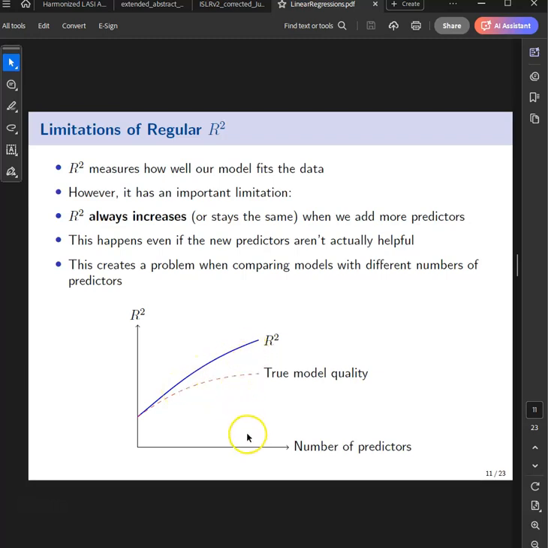So as you throw in more predictors, useful or not, the gap between your perceived measure of goodness of fit versus the actual quality of the model will go up. So this limitation tells us that we need a better measure to fix this problem. And that brings us to the next slide.